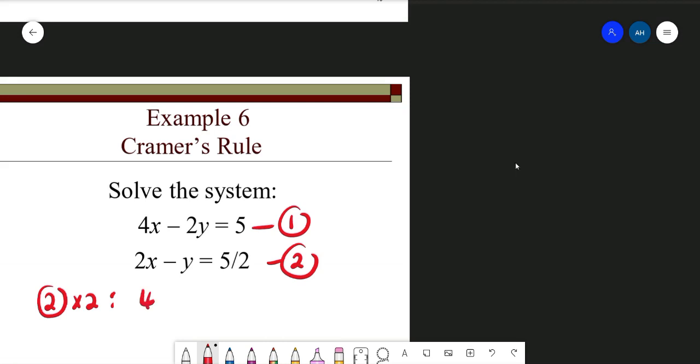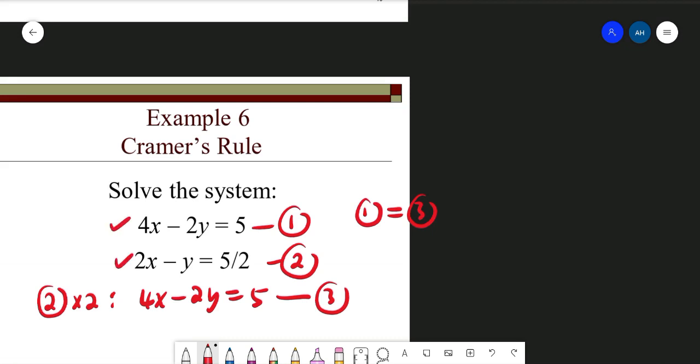We have 4x minus 2y equal to 5. Let's call this one equation number 3. Now what we notice here is that equation number 1 and equation number 3 are the same equation, right? Meaning this line and this line are overlapping, it is the same line overlapping. We have in this case infinitely many solutions.